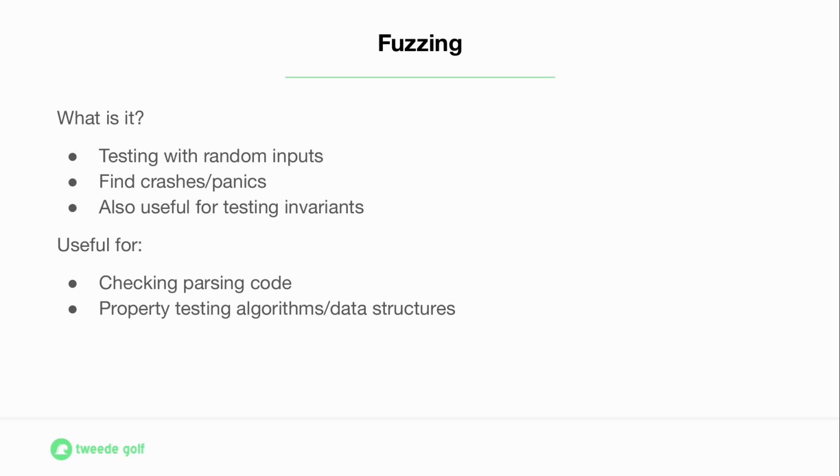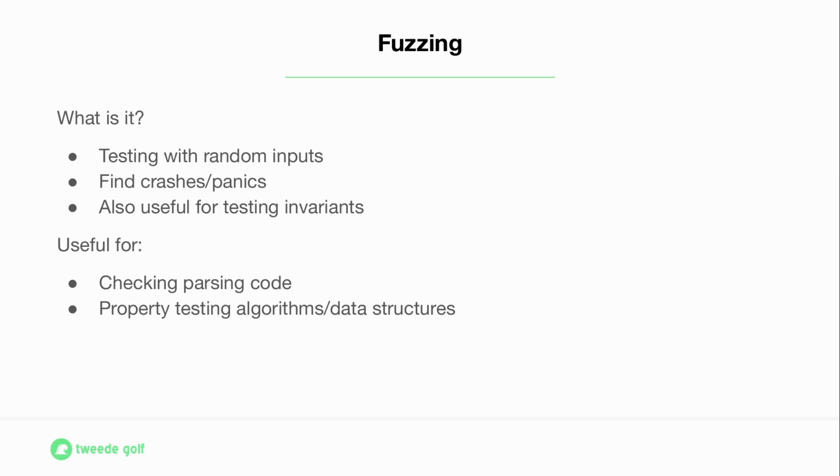Panics, just your code misbehaving in gross ways. However, it turns out, and our experience has been very positive with this, that you can also use it to test invariants of your code. So if you have a bit of code that needs to encode or decode something, or you have two functions that should be each other's inverse, you can use fuzzing to test those properties.